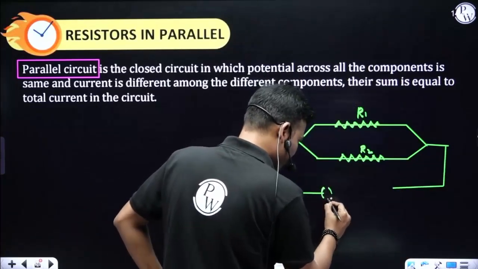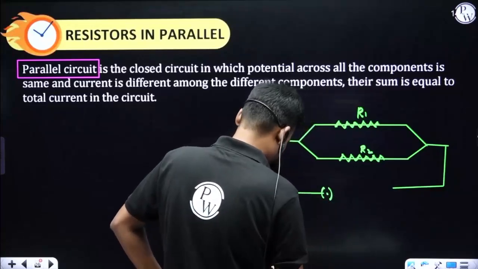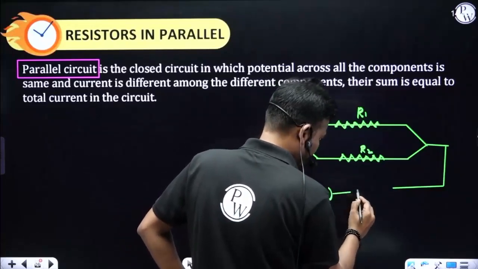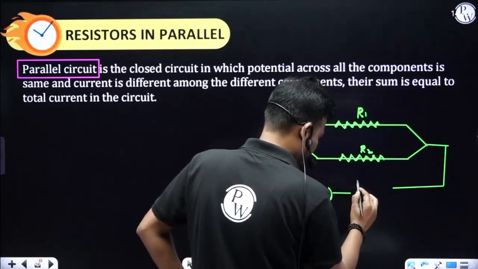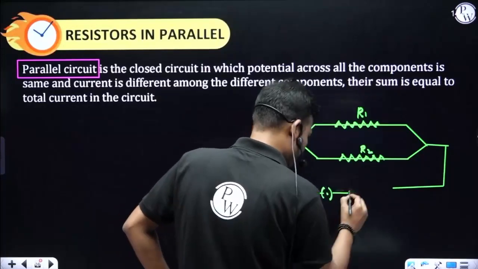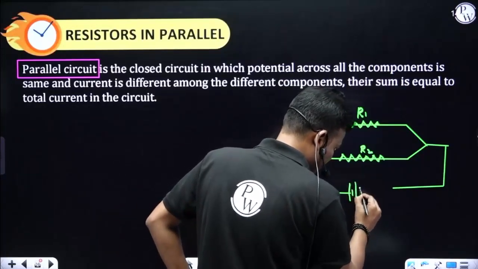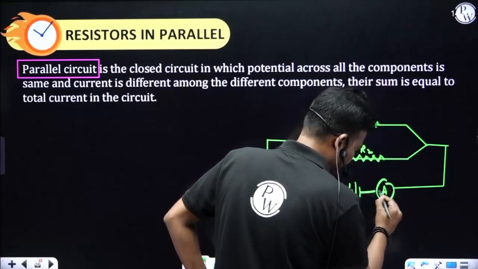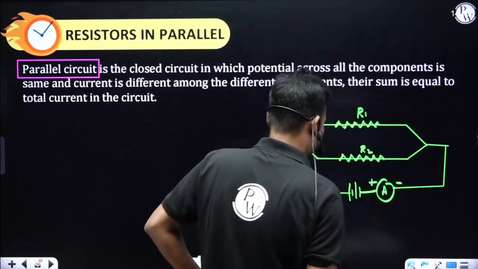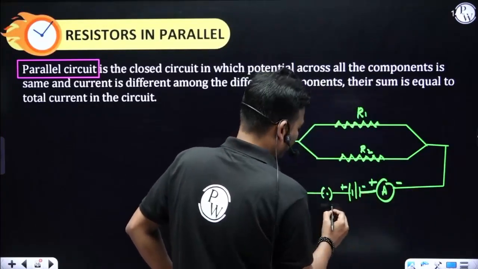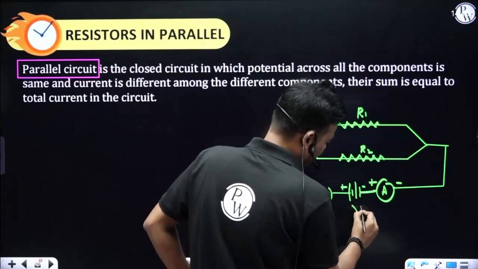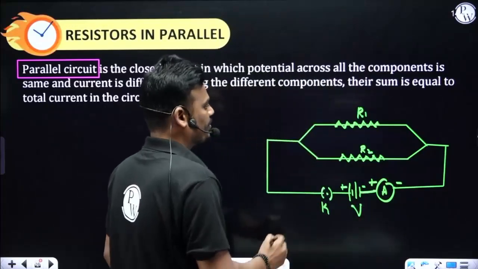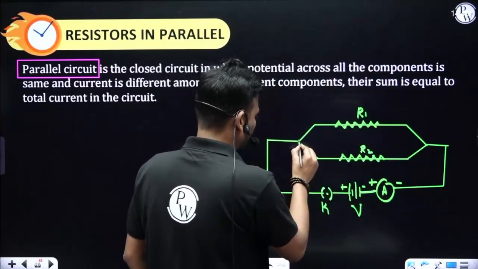And this is a plug key. This is high potential and this is low potential. And here ammeter. Okay, so this is positive and this is negative. And this positive and negative, and here plug key, and here voltage, and resistor 1 and resistor 2.